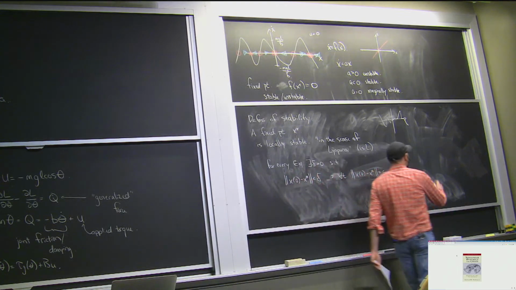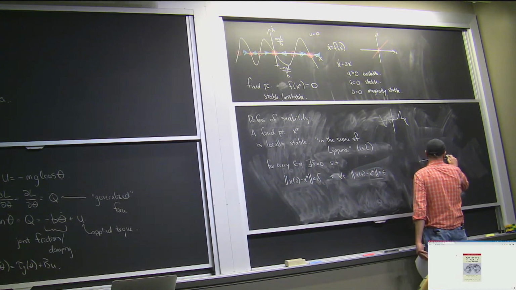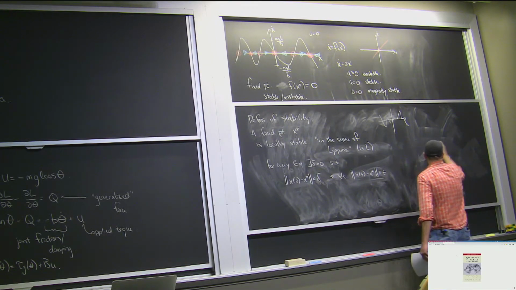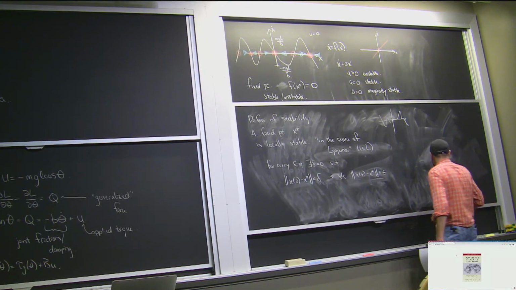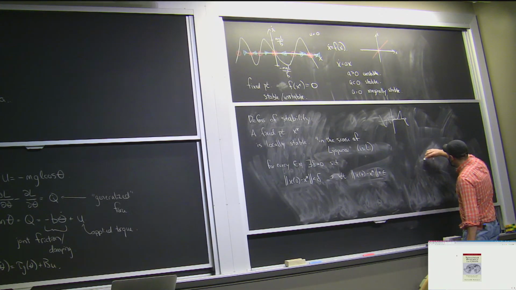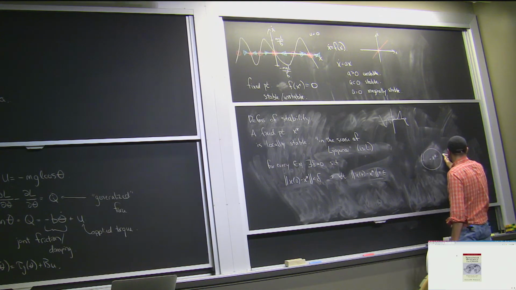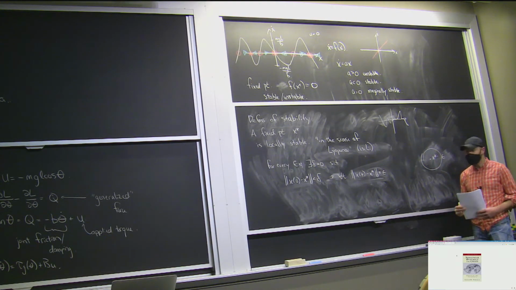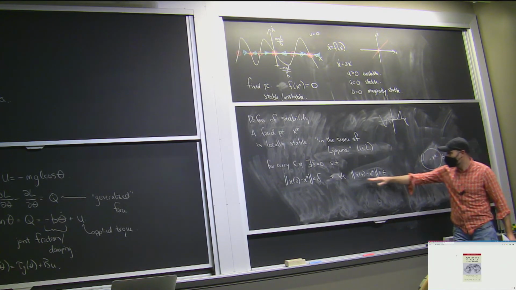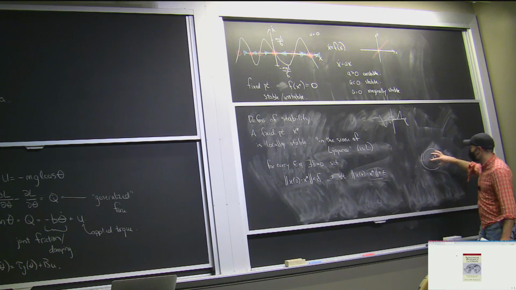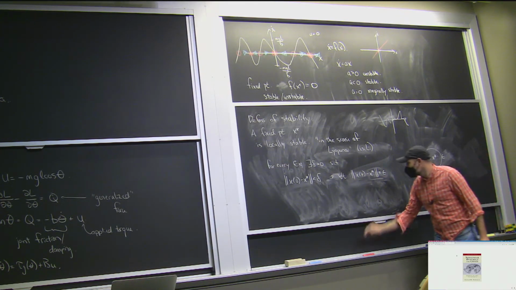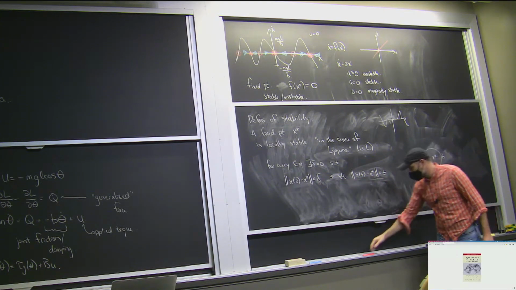I'll do it in higher dimensions first. If I have x star here, I want to draw an epsilon ball here. I want to say that all trajectories are going to stay inside this ball for all time. Okay? That's this condition here. For all time, the trajectories will stay in there.